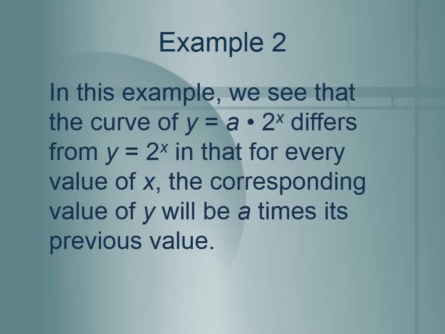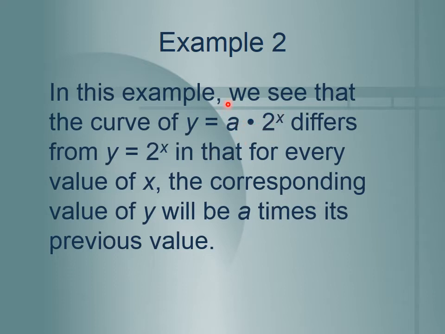So another thing that is a characteristic of exponential functions is that sometimes before the base, before 2 to the x, they put another number. Right now we're just going to call it a because it could be any number. But this might look like 3 times 2 to the x, 5 times 2 to the x.